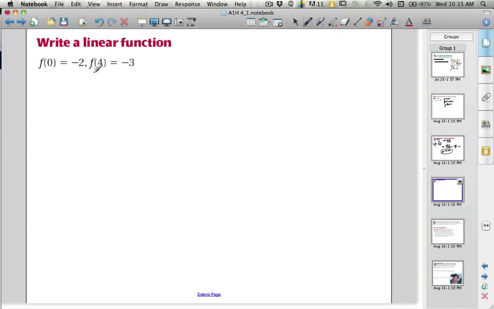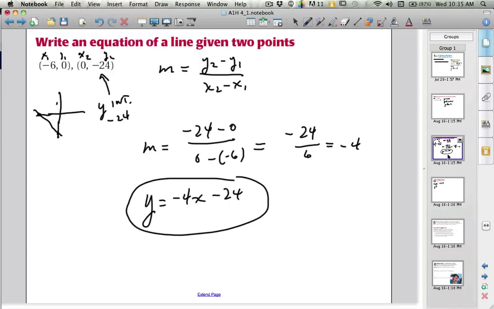Okay, and in this case, they've given me two different ordered pairs again, and they're saying that the function of 0 is -2, which means that when x was 0, y was -2, and by the way, when x is 0, I'm hitting the y-axis, so that means this is the y-intercept. And I also know that when x is 4, y was -3. Okay, so this is another way of writing this information here, right?